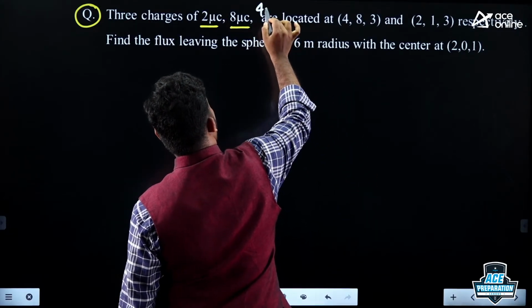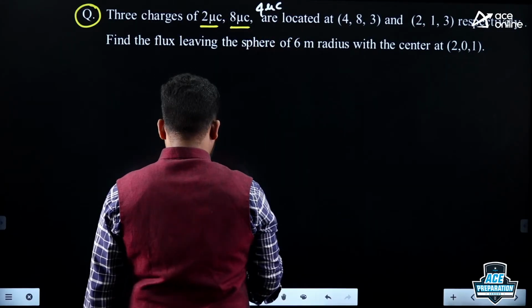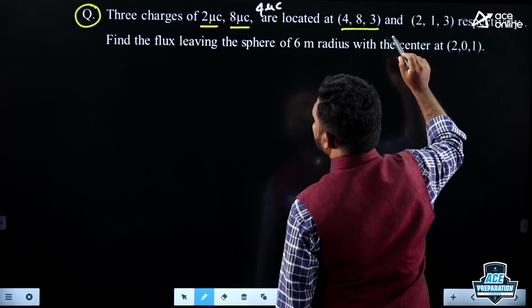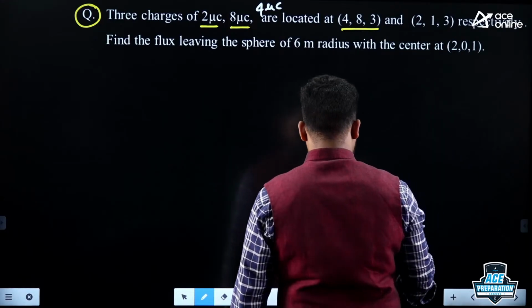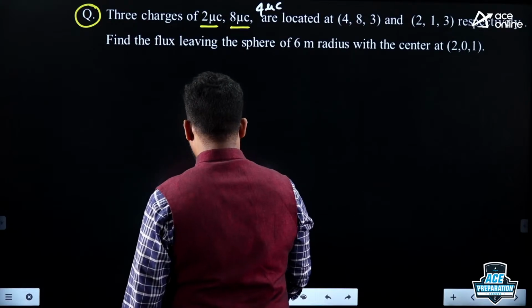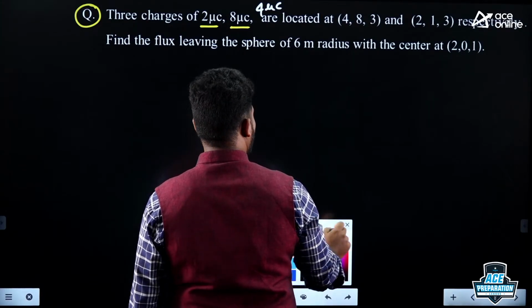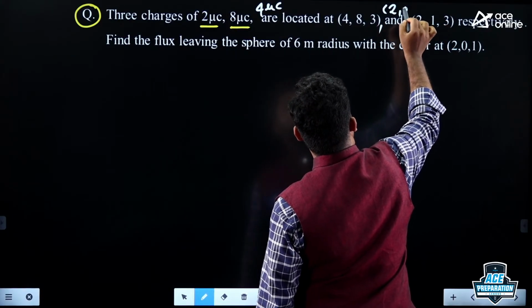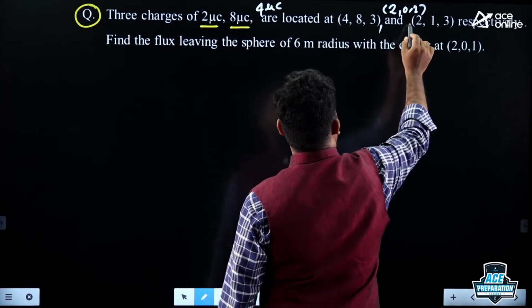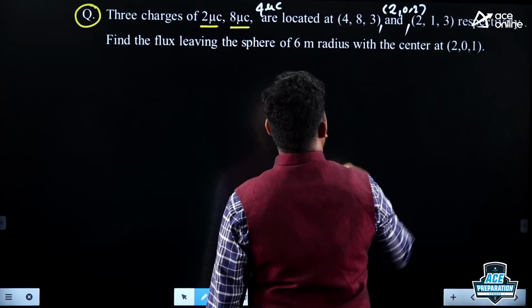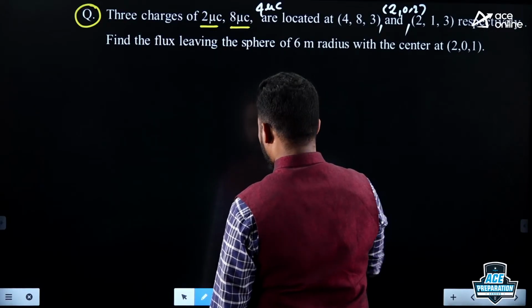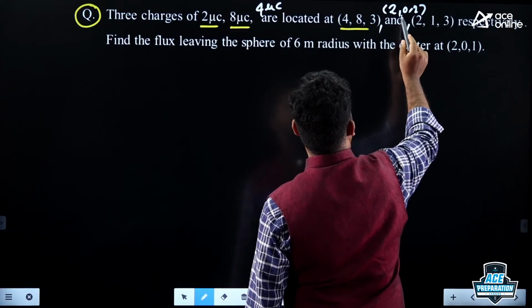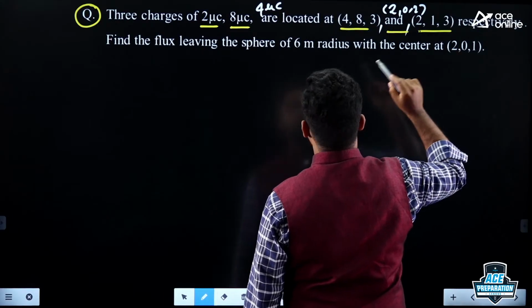4 microcoulombs are located at 4, 8, 3, 2, 0, 1, 2, 1, 3 respectively.